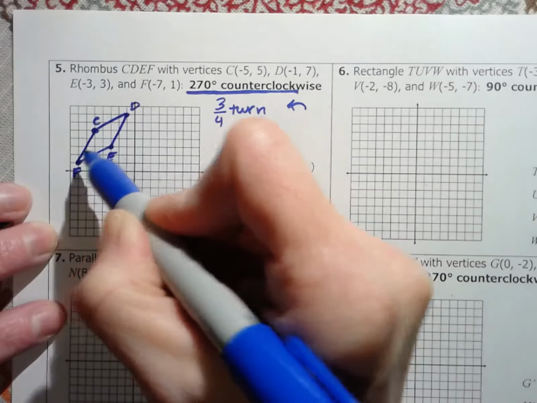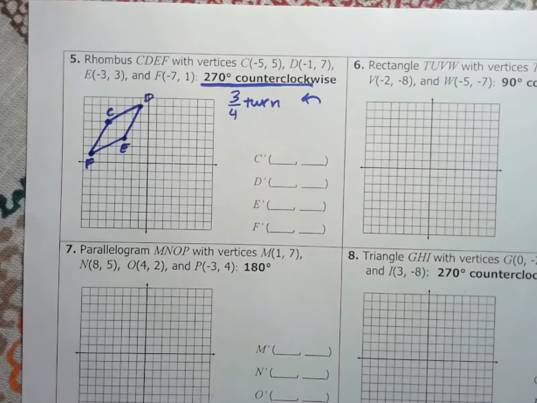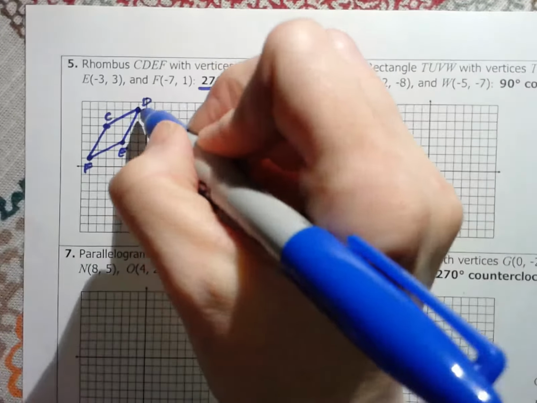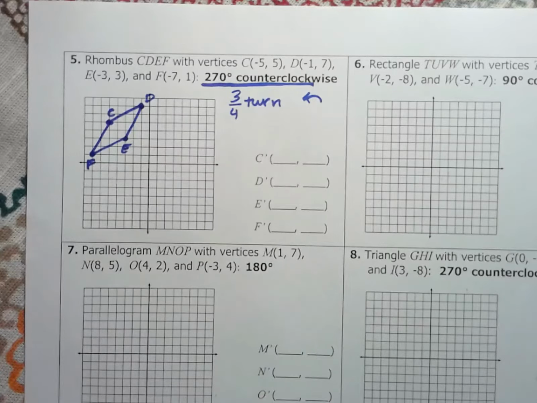Now, one thing you can double check, which I didn't when I made mistakes earlier, is double check that your shape matches the description. And this is a rhombus. So that's a good thing. And we'll take our paper. I'm actually going to cut this one into quarters.